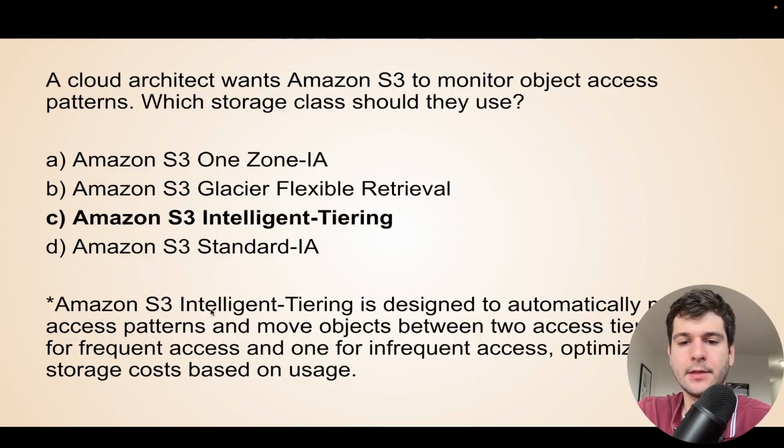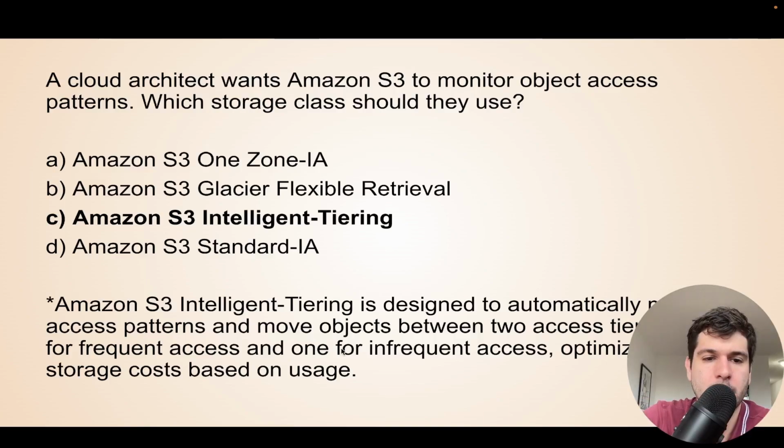Amazon S3 Intelligent-Tiering is designed to automatically monitor access patterns and move objects between two access tiers, one for frequent access and one for infrequent access, optimizing storage costs based on usage. So this is an S3 storage class that's going to automatically help optimize your storage costs.